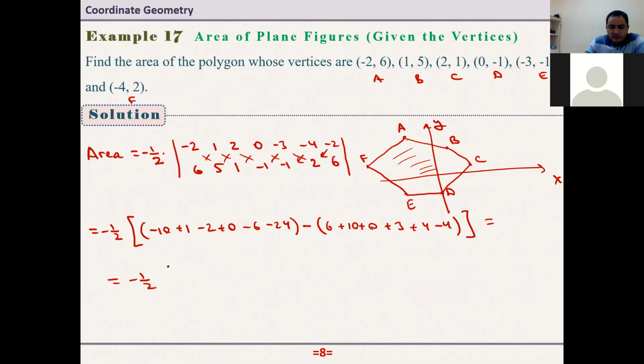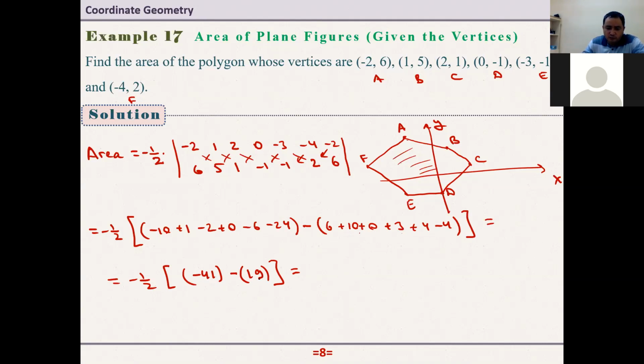Minus 1 over 2. If you simplify, negative 10 plus 1, negative 9, negative 11, negative 17, and negative 24, that is negative 41. Then plus 16, plus 19, it is 0, so that's equal to negative 19. Because we took this clockwise, that is why it is negative here.